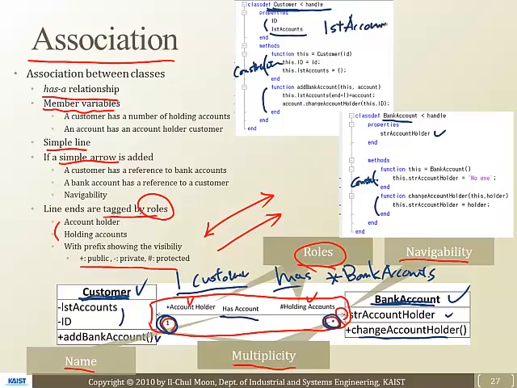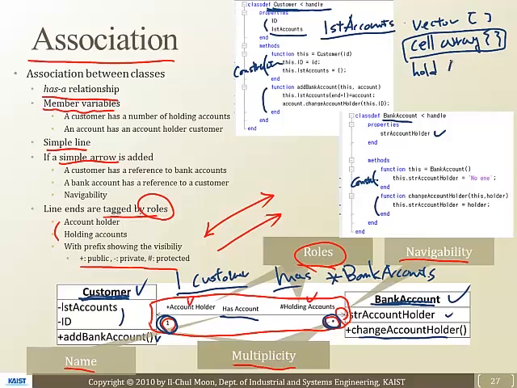okay? So this is going to be a vector or set array, okay? Set array means like this, vector means like this. It will be a set array, I think, because this list of accounts is going to hold many bank accounts, right?